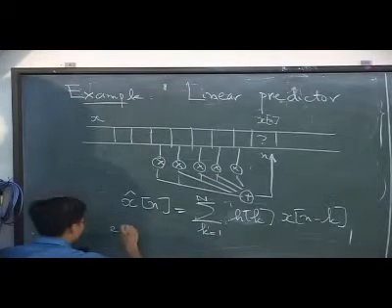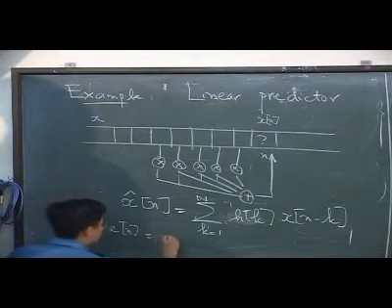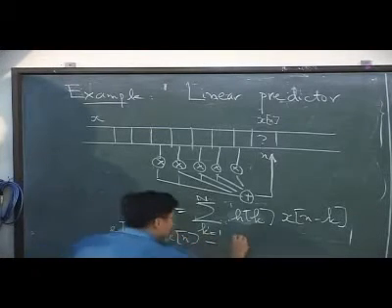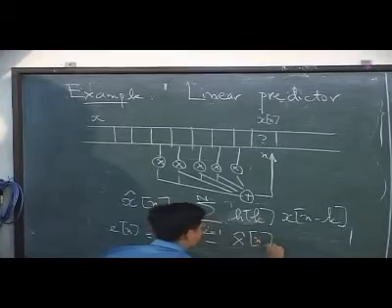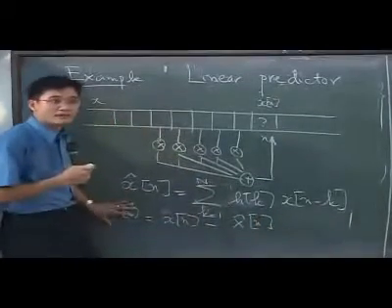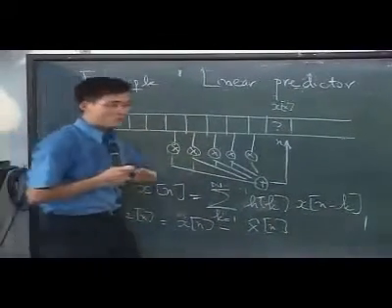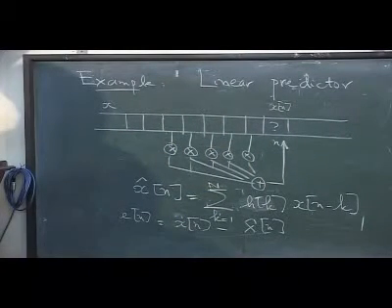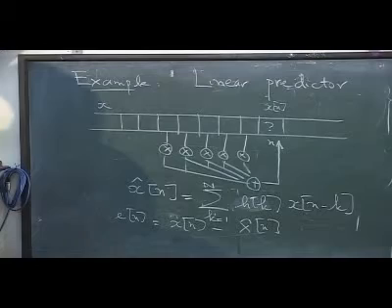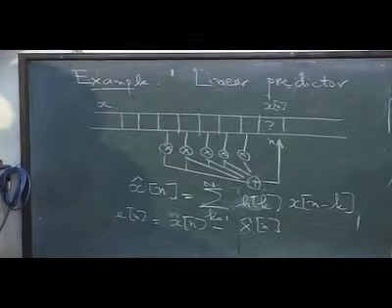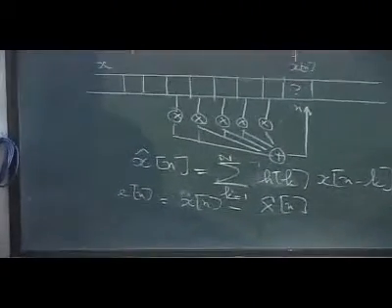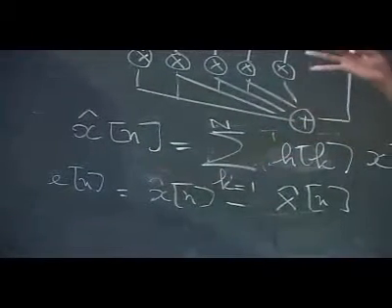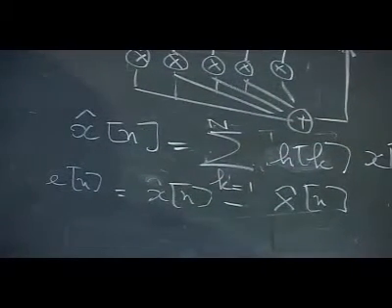That error equals x, the actual value, minus the predictor I have. Maybe I make some mistake today, but on average, I'm optimal. Can you see that? I want to minimize the mean square error.